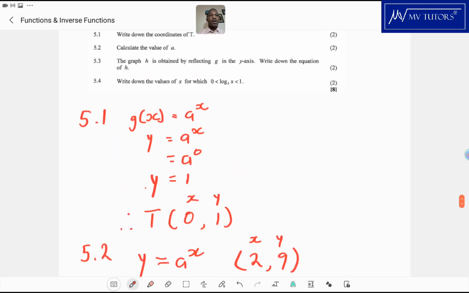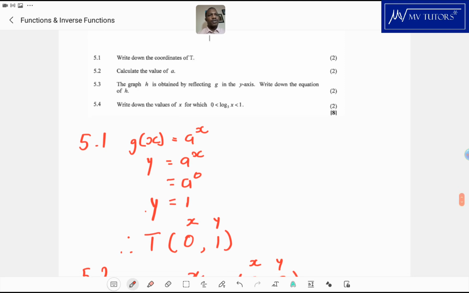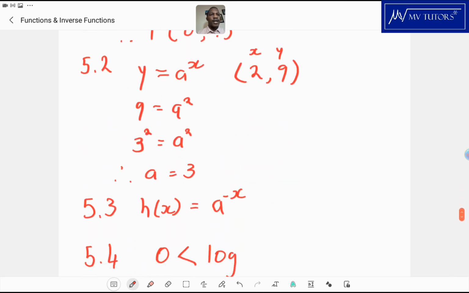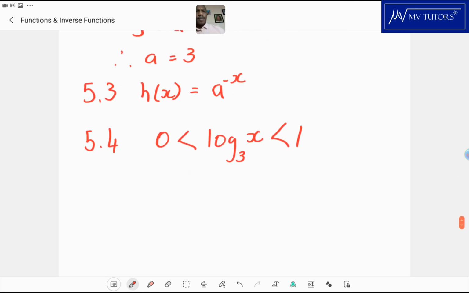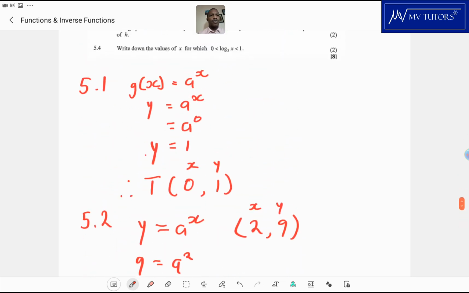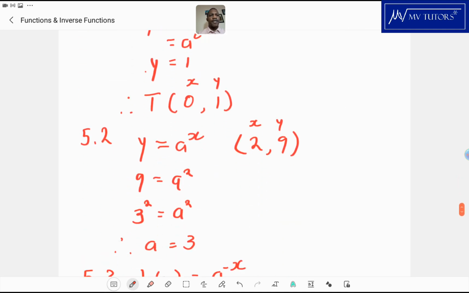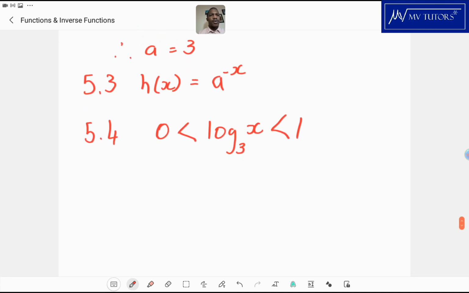Okay, 5.4, write down the values of x for which we have that condition. So what's that condition? We have 0 is less than log base 3 of x, and there's a 1 there. Basically they want to know for which values of x, very important, of x, means we need to have x here. Okay, so we're going to take it piece by piece.